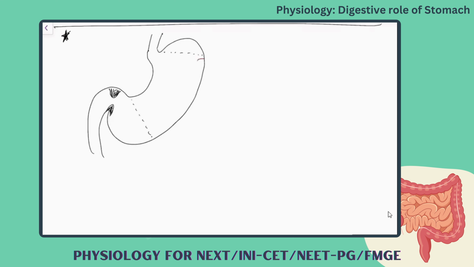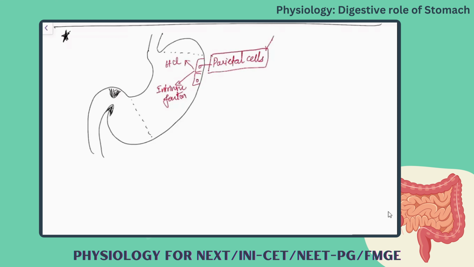So the first one we are going to see is the parietal cells. This parietal cell gives two major contents: one is HCl and the other one is intrinsic factor. The parietal cell is one of the important cells present in the body of the stomach.